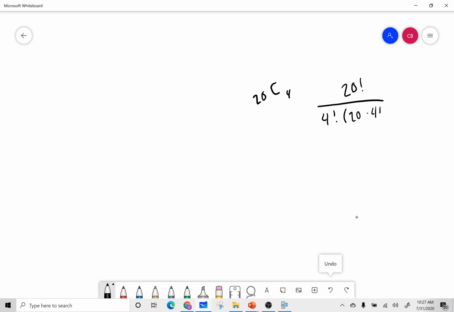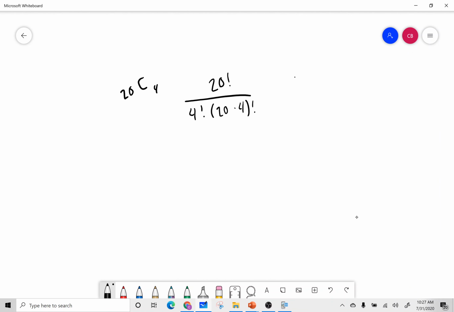Oops, I put that in the wrong spot. So if we do the math, this is 20 times 19 times 18 times 17 times 16 factorial, all over 4 times 3 times 2 times 1 times 16 factorial.